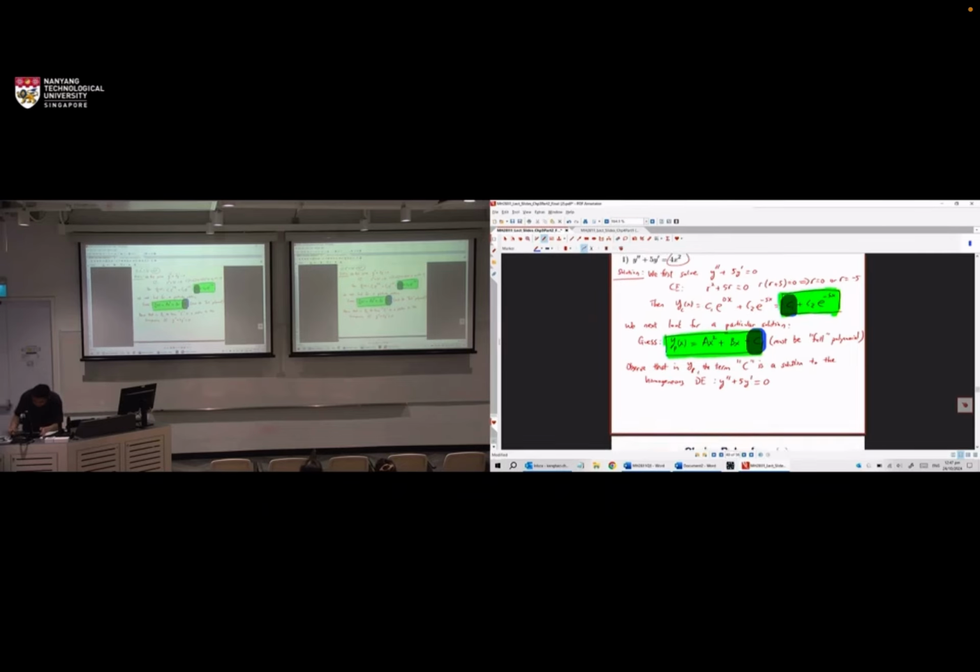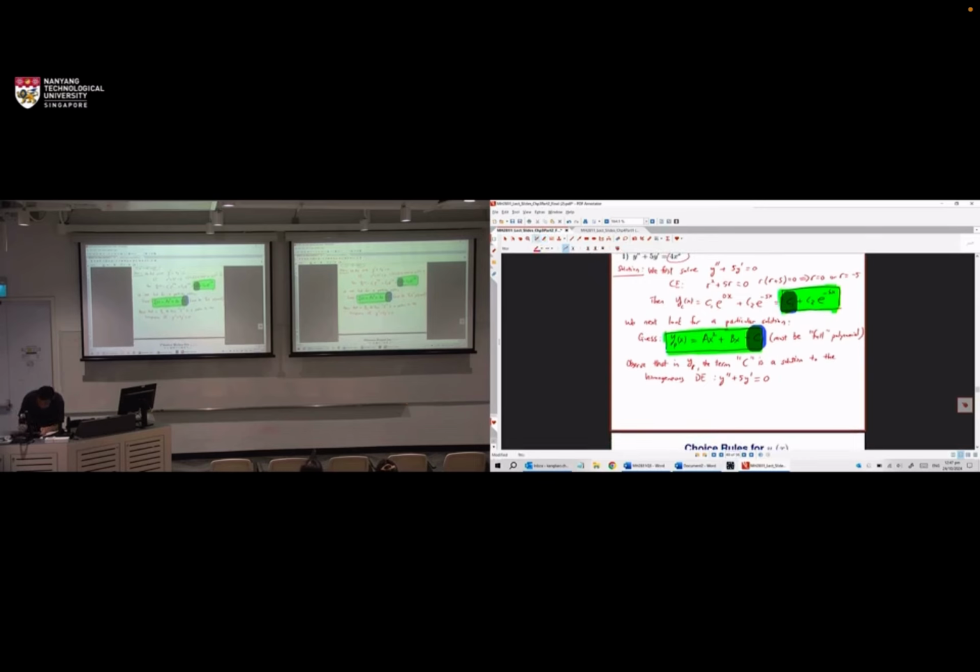So we have to modify it as y_p(x) equal to, you copy down your original guess ax squared plus bx plus c, and multiply by x throughout.